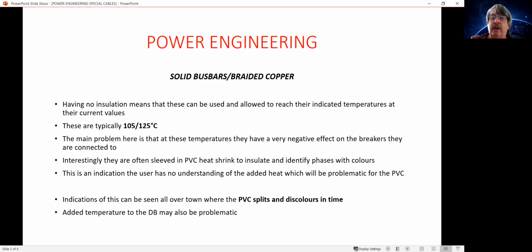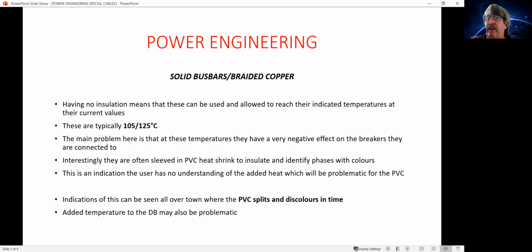So when we have a look at solid busbars and even the braided copper, they don't have insulation generally as they come out. And when we look at their density of current reaching certain temperatures, which is their full rating, of course, there's no allowance made because they do not have any insulation that could get damaged.